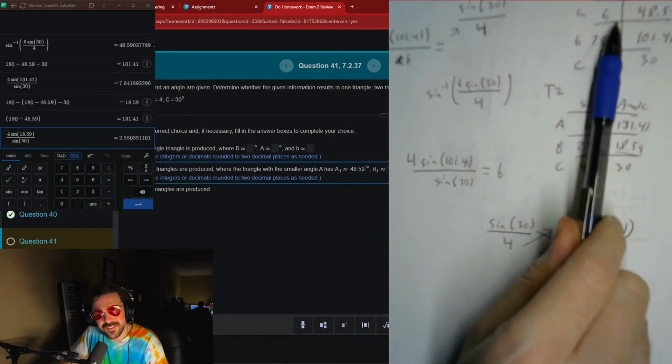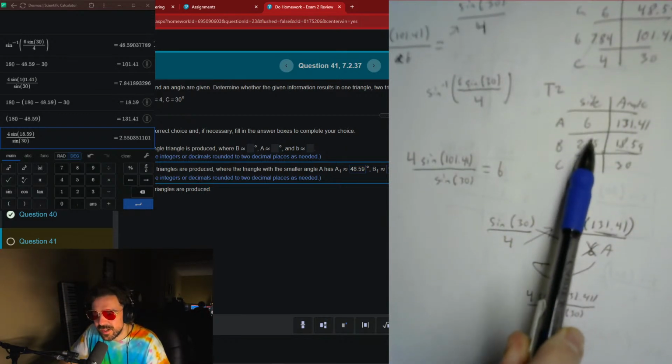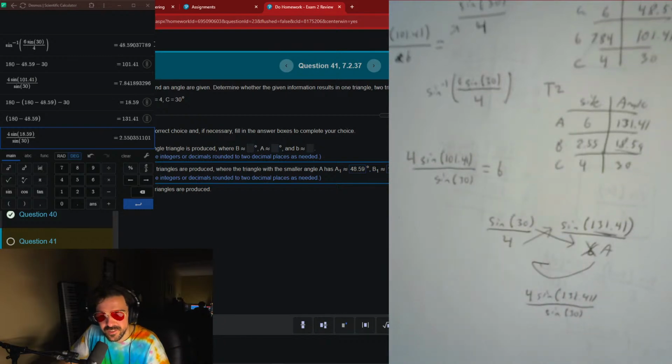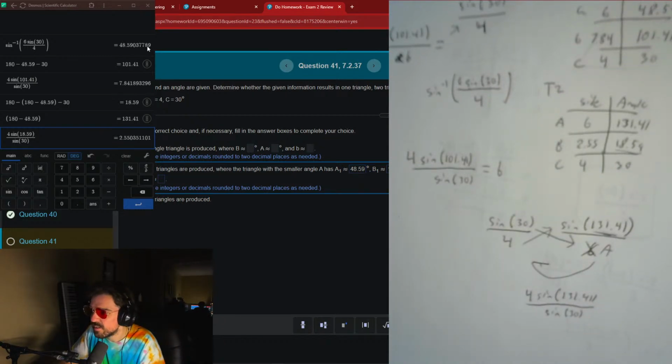A is the angle where the length did not change, so that's 131. B is the angle where the length did change. That's 18.59, and its length is now 2.55.